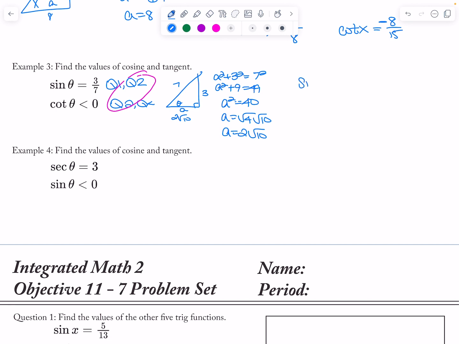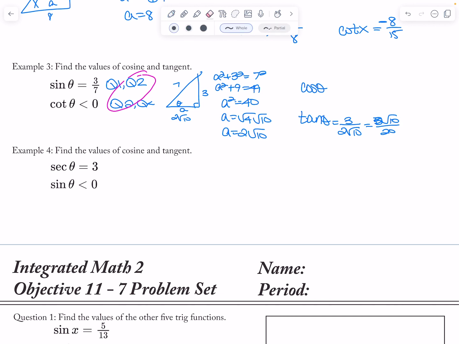Now I already have sine of theta. I want cosine of theta and tangent of theta. Tangent of theta would be opposite over adjacent, so I get 3 over 2 root 10, which is 3 root 10 over 20.